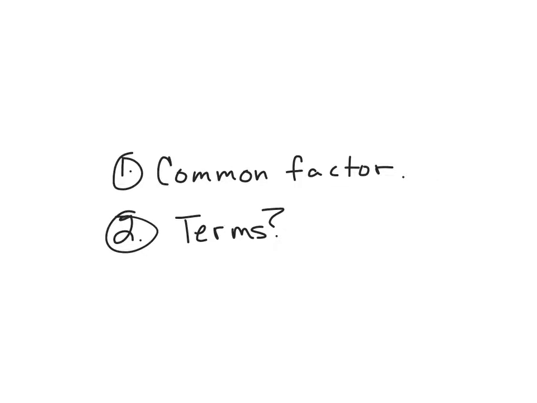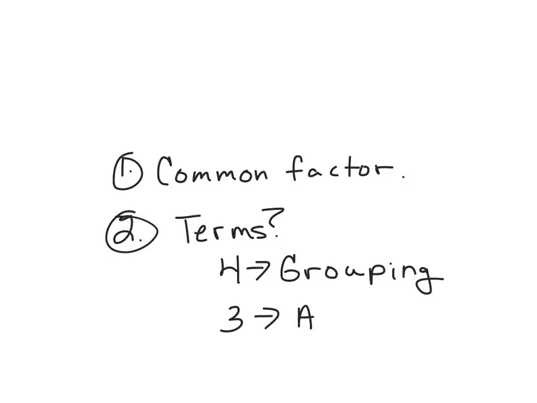And so far, we've said that if there are 4 terms, then our strategy is grouping. And if there are 3 terms, we're going to use the AC method to turn it back into 4 terms so we can do grouping again.